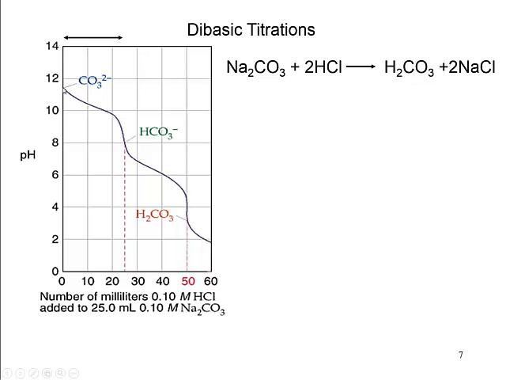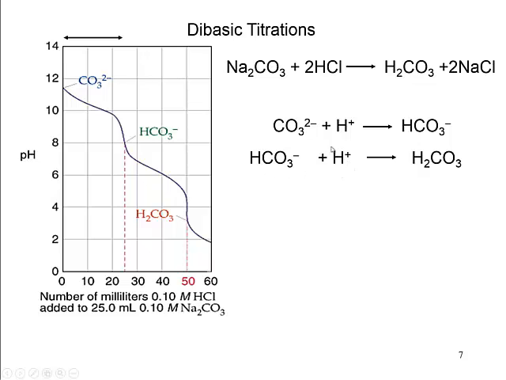Carbonate can neutralize 2 protons in solution, and the first neutralization step would be carbonate turning into bicarbonate, and that occurs for the first 25 milliliters of this titration until the solution is entirely bicarbonate, and then bicarbonate can continue to neutralize strong acid by converting into carbonic acid.